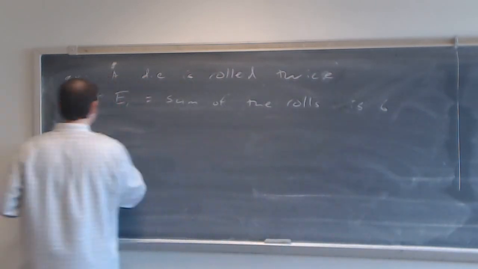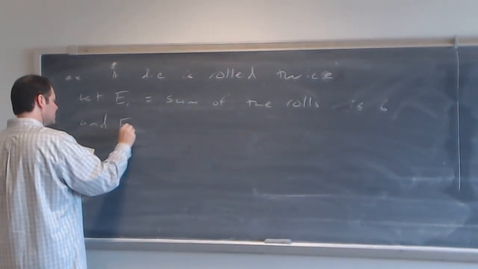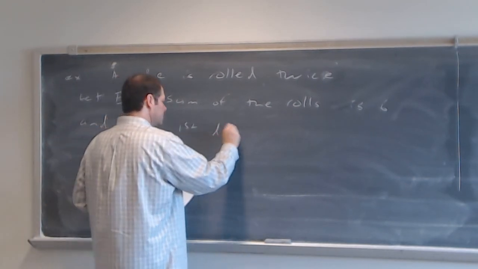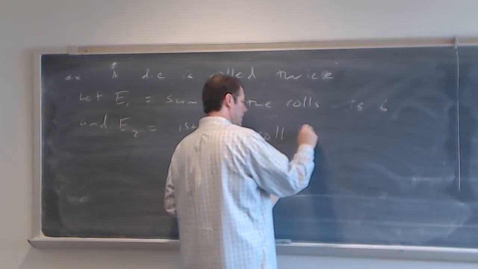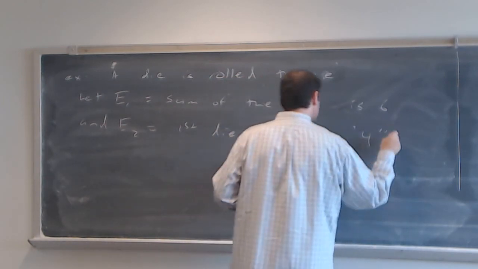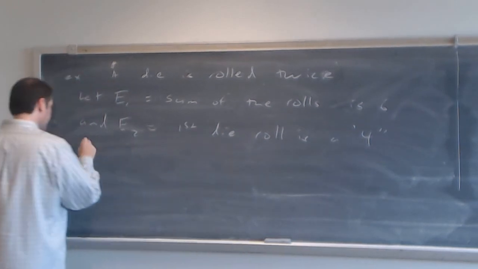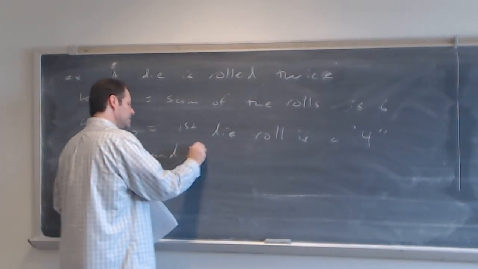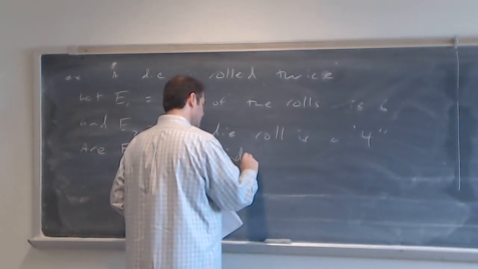And E2, E sub 2, be the event that the first die roll is a 4. Are E1 and E2 independent events?